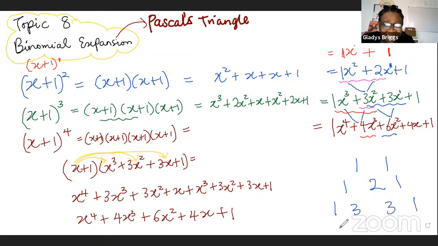Those who are missing this lesson are missing the fun of mathematics. Seriously. Then 1, 4, 6, 4, and 1 at the end. Any patterns? Of course, you have 1 at the top here.